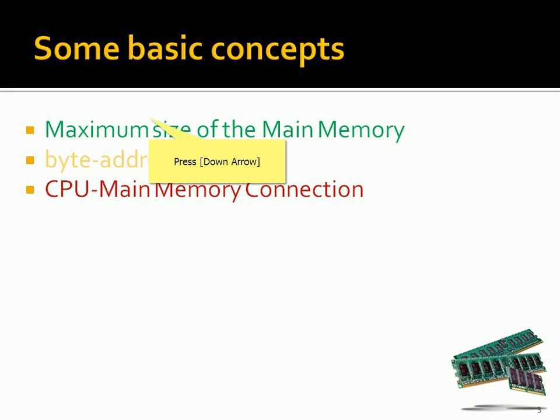Similarly, the other buses will be there, maybe the PCI bus, memory controller bus, DMA controller and SCSI bus, and so on. The main connection between the central processing unit and memory is a vital part of the central processing unit, where the buses carry the information of data, control and addresses.